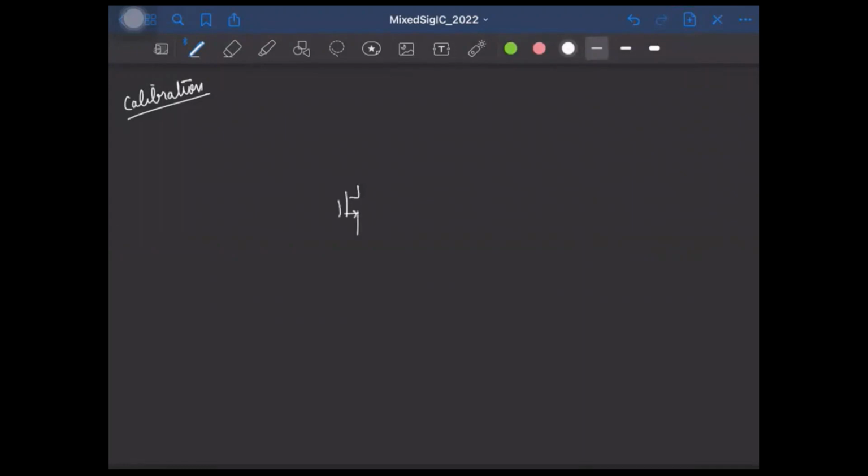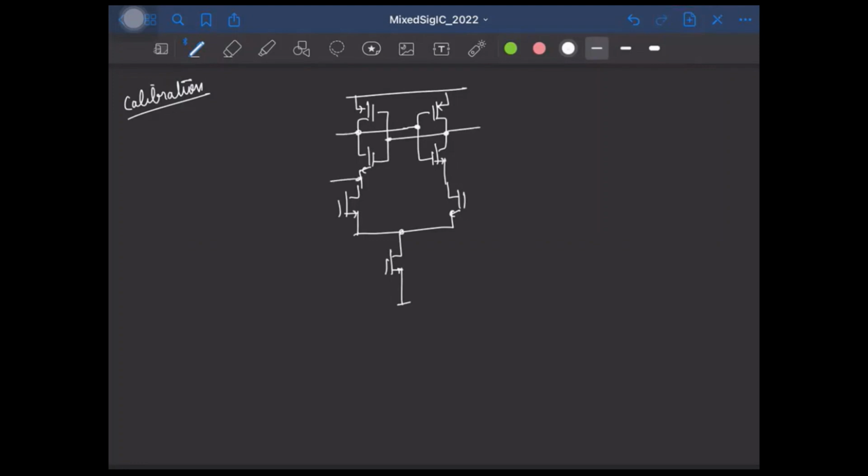Let us say we have a strong arm latch. Let me draw it quickly. At the top we have the CMOS inverters. And of course we have two switches at these two nodes that I'm not showing.